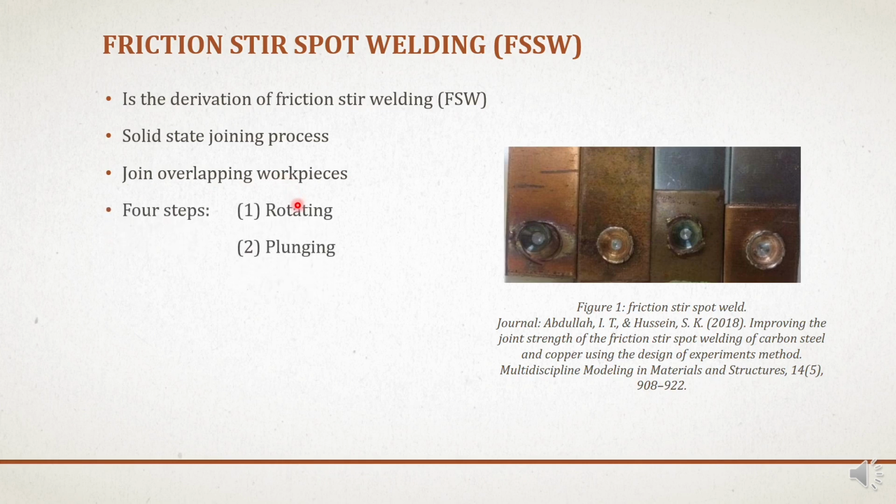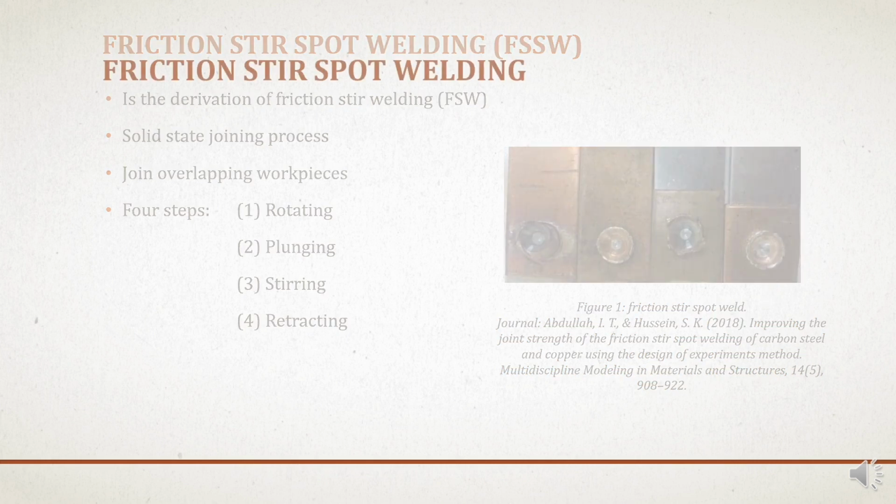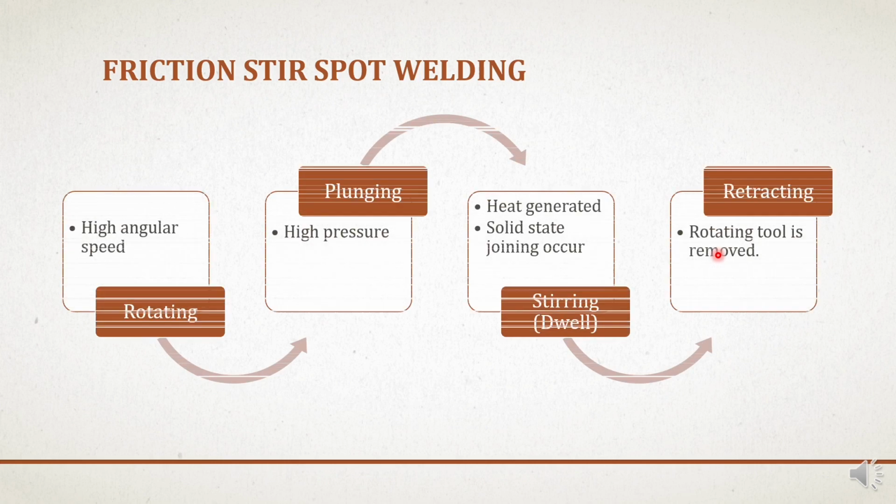There are four steps for friction stir spot welding. The first one is rotating, the second one is plunging, the third one is stirring, and the fourth one is retracting. This is the figure where we can see the friction stir spot welding. The rotating tool rotates at high angular speed, then it is plunged into the workpiece at high pressure.